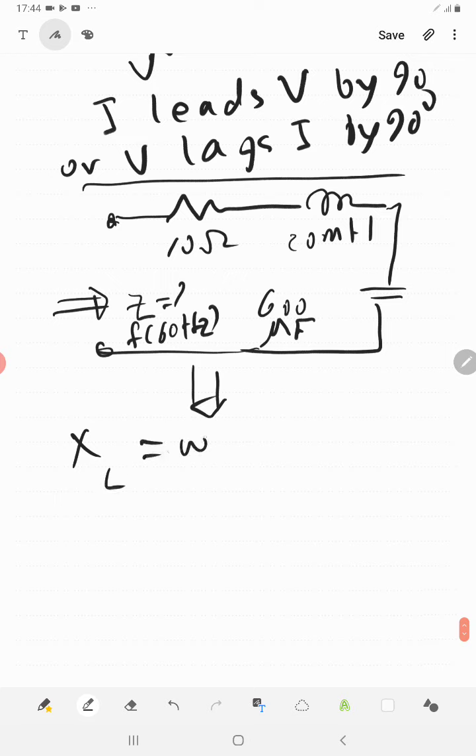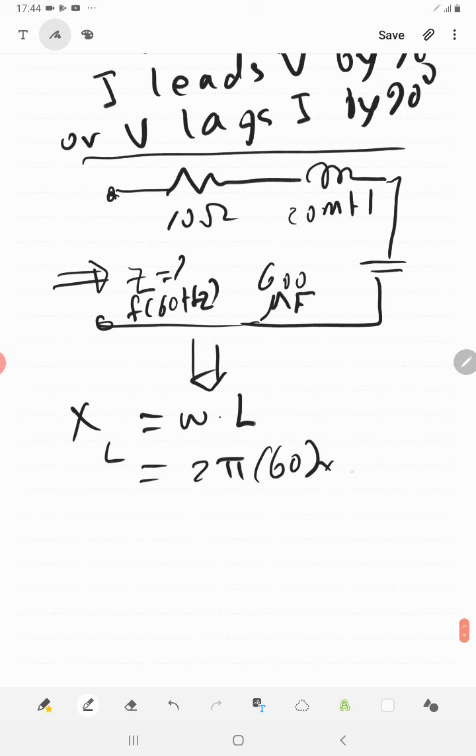XL equals omega L, which is 2 pi times the frequency, 60, times L, which is 20 millihenry times 10 to the minus 6. We change the millihenry to henry.